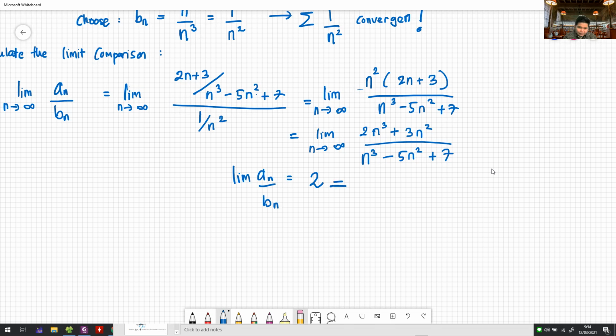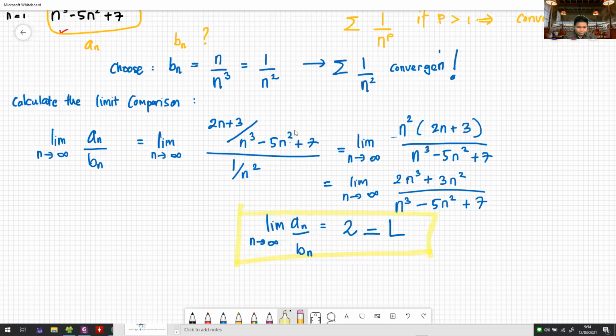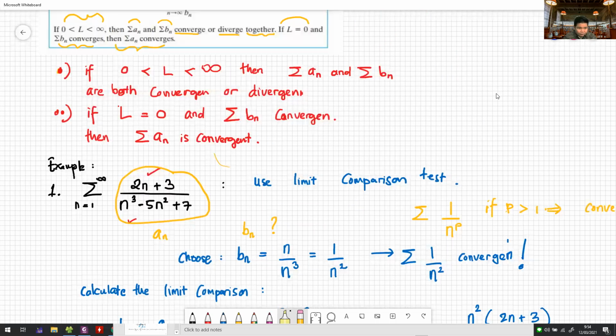And this one is actually L. Okay. We got this conclusion. So we can refer to the theorem. Jadi kita memenuhi yang mana nih? Nomor poin 1, poin 2. Poin 1. So we are here, okay?